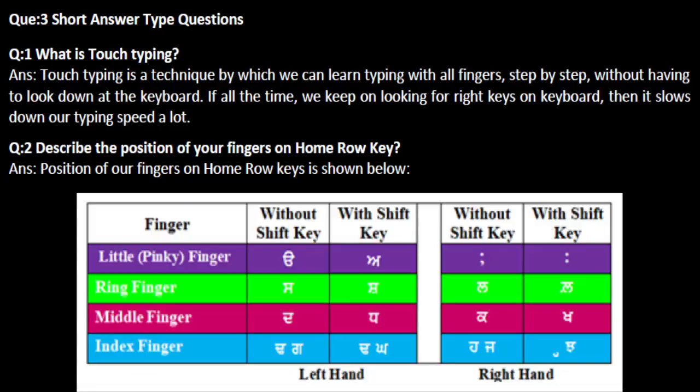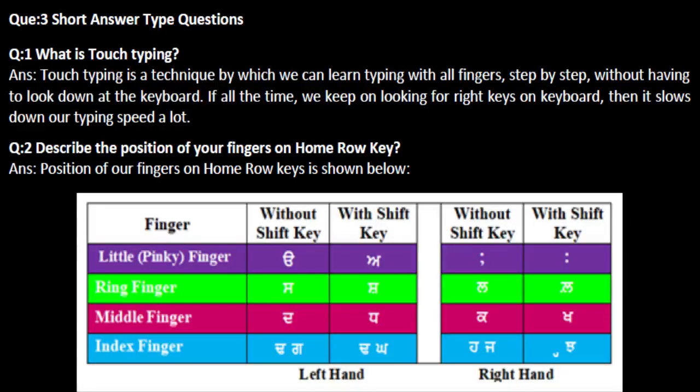Second question, describe the position of your fingers on home row keys. So our position is like this on home keys. The position of our fingers on home row keys is shown below. Here is a table. There are 2 types of keys, without shift key or with shift key. First of all, we talk about the left hand, and in the left hand, first is the little finger.